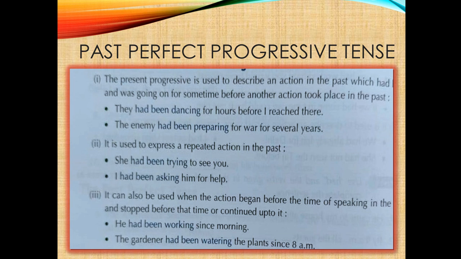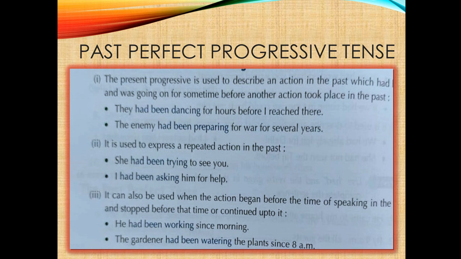So here he had been working since morning. So the speaker is giving this information somewhere late in the morning or in the afternoon, and the action had begun before the time of speaking, right? And stopped before that time, or even it is continued at present also. At the time of speaking also, either it has stopped before that time or it is still continued, right?